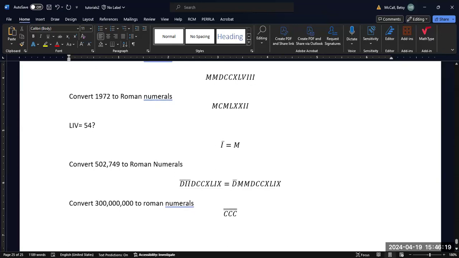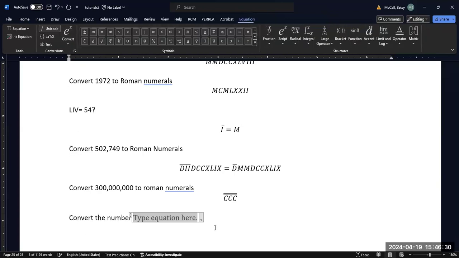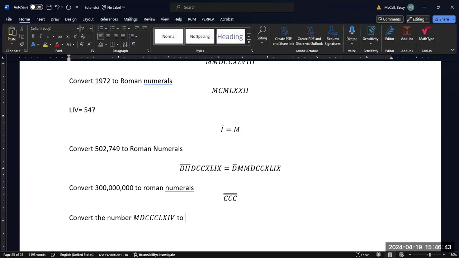Now, if I want to convert back, I just have to keep in mind where I'm adding and where I'm subtracting. So convert the number MDCCCLXIV to Arabic numerals, which is the standard 1, 2, 3, 4, 5, 6 that we usually use.